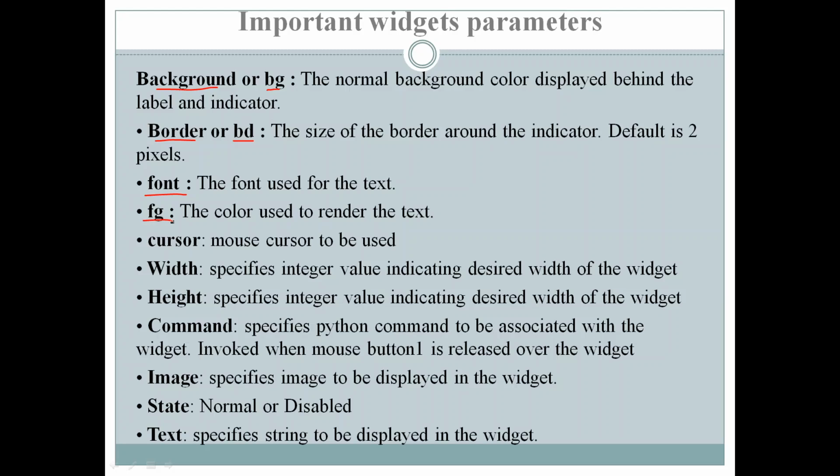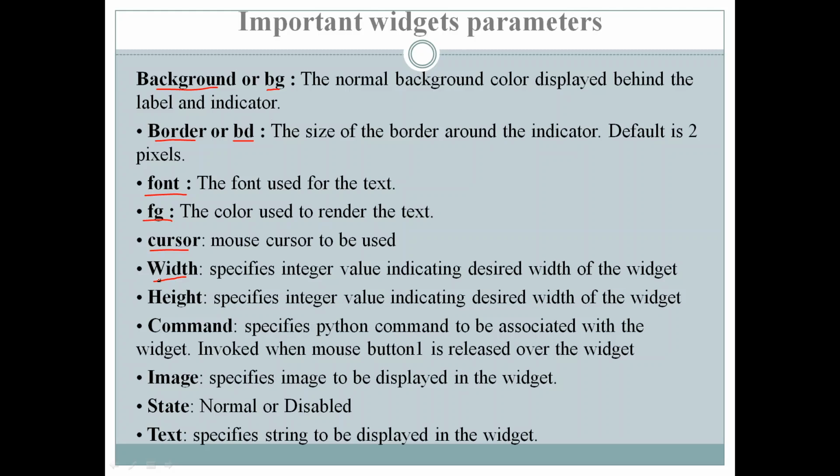FG, which is foreground color, you can write complete foreground or even FG, that will change the foreground color of the text. Cursor, if you want to change the mouse cursor when you take your mouse over the widget, you can use the property cursor. Then width, you can specify the value indicating the desired width of the widget.